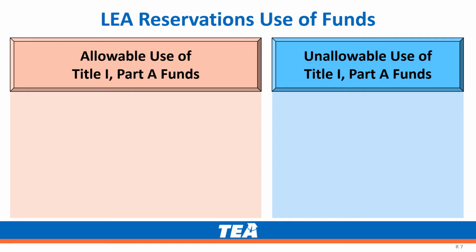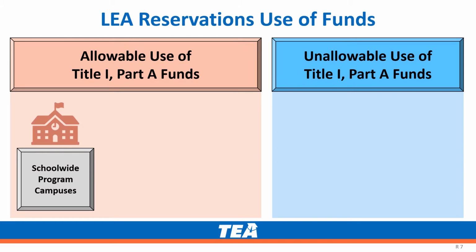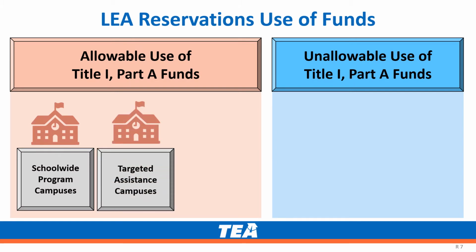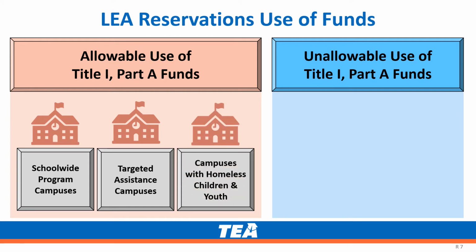Title I Part A funds can only be used for campuses that are operating a school-wide program or targeted assistance program. The only exception is related to the LEA reservation for services to homeless students. The ESSA statute allows for Title I Part A funds reserved by the LEA for services to homeless students to be used to support homeless students on all campuses, regardless of their Title I status.